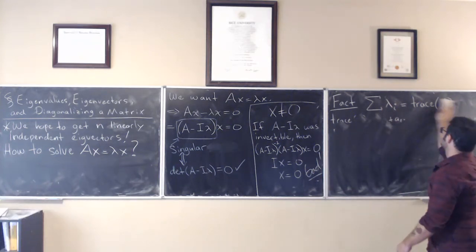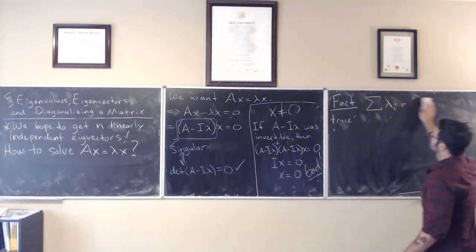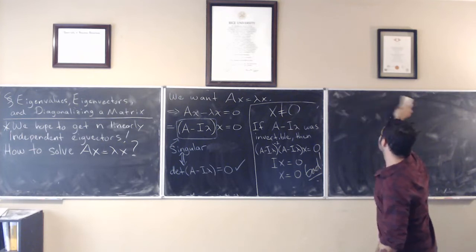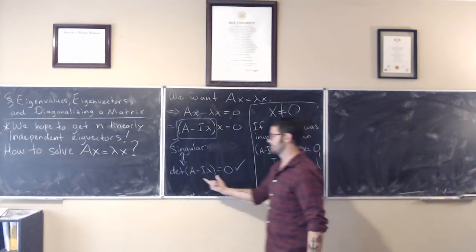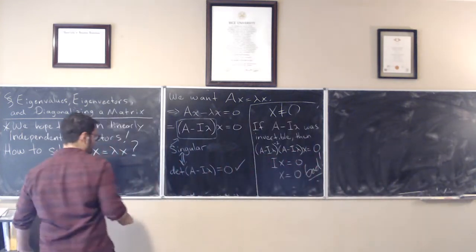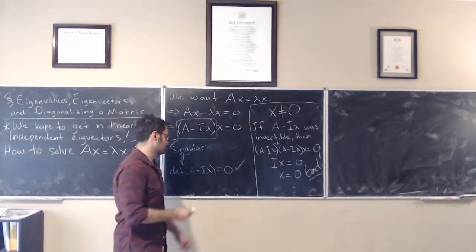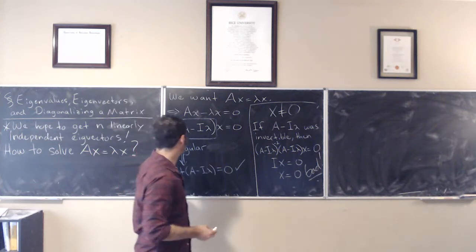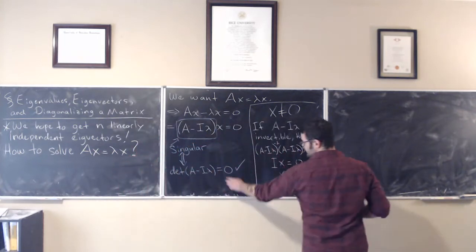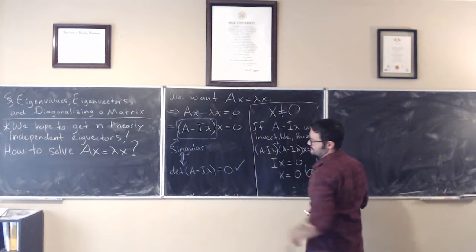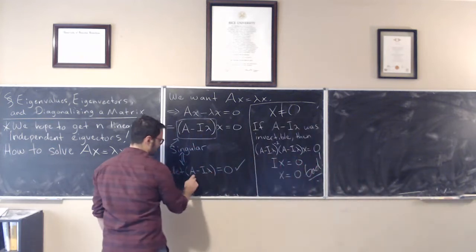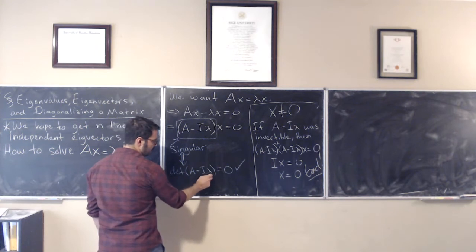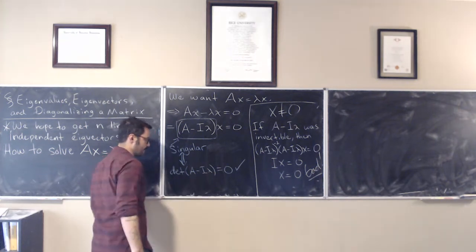We can use row operations to reduce this matrix to an upper triangular matrix, and then take the product of the diagonals. That's one way to do it. But this gives us at least a method for computing these eigenvalues and eigenvectors. We need to figure out what lambdas make this work.